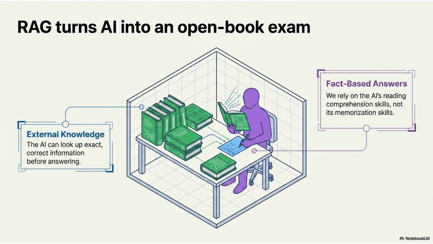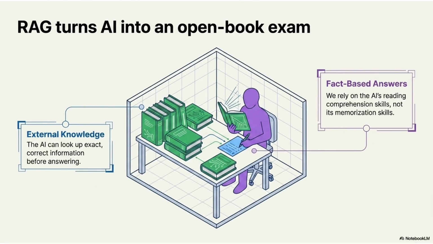Now, here comes RAG in the picture. RAG is the solution to the exact problem that we have seen in the previous slide. RAG turns AI into an open book exam from a closed book one. How? It provides the source material to the student right before the exam. So it can go through the material, read through it, find the answer, and write the answer.